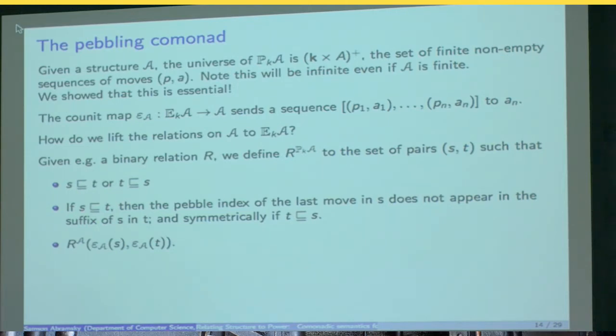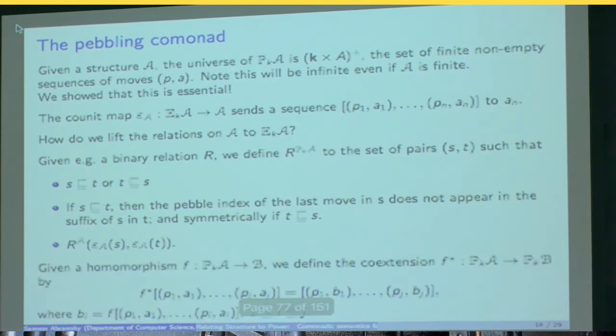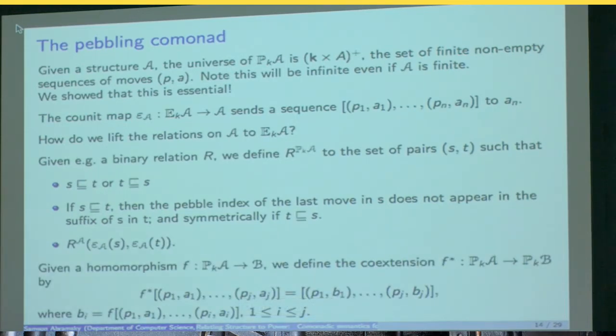So that pebble index on the last move here must not appear in the suffix that we get by going up from S to T. So that's the way that gets defined, and then we see essentially the same way of defining the Coakleys coextension.